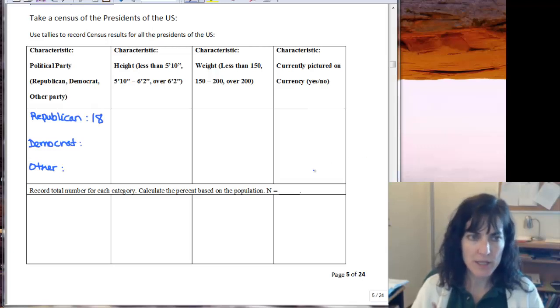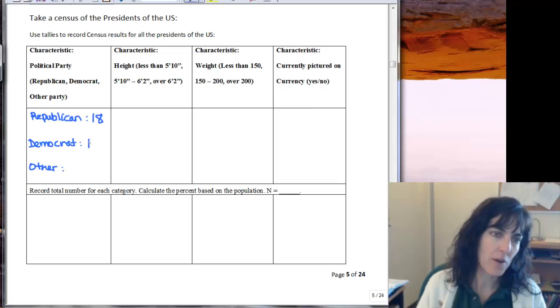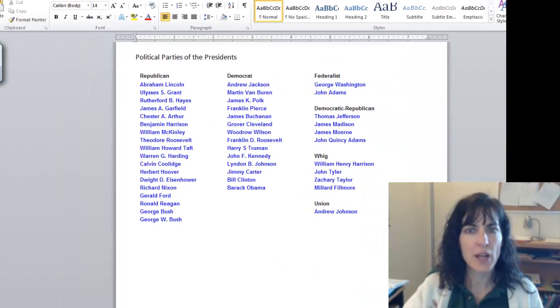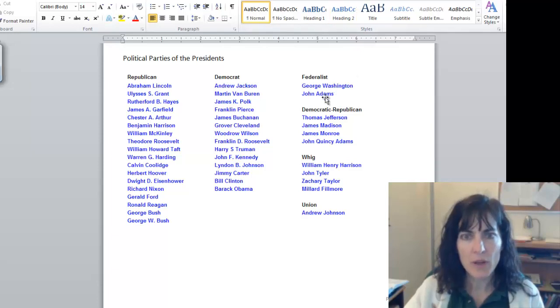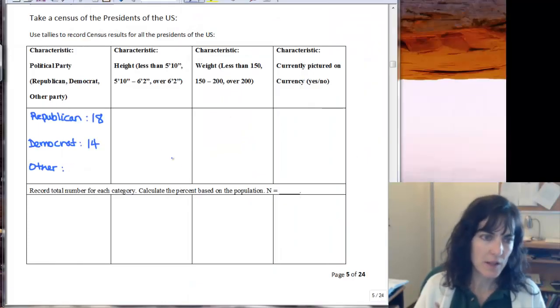So we had 14 Democratic presidents. So we'll write that here. And then the ones that fell into the other category, that would be 1, 2, 3, 4, 5, 6, 7, 8, 9, 10, 11. And that will be 11 presidents there.